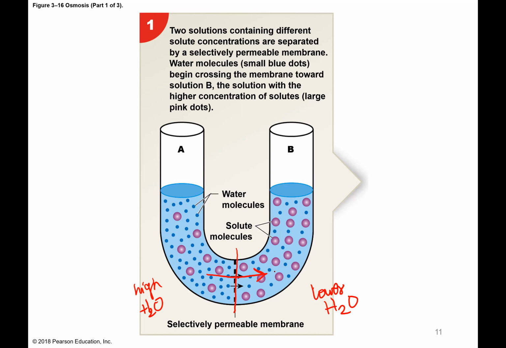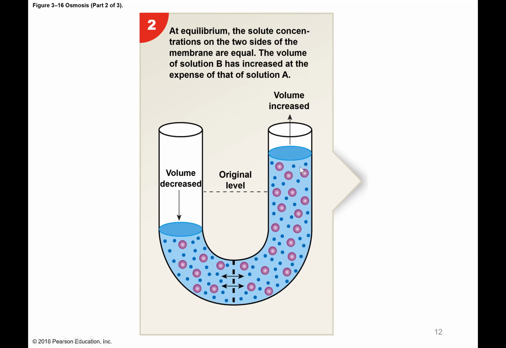When that happens, it actually works to increase the volume of water on side B, as you can see here, until you have reached equilibrium of concentration of water on both sides. And then on this side, the water volume decreases while the water volume increases until you've reached equilibrium, and then you have equal amounts of water diffusing across both sides.